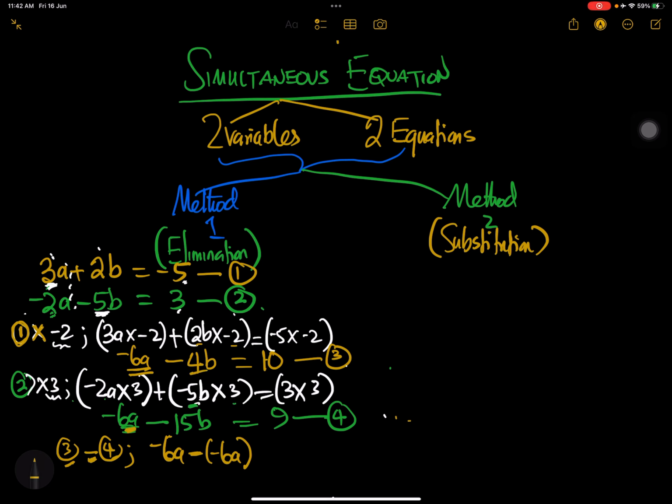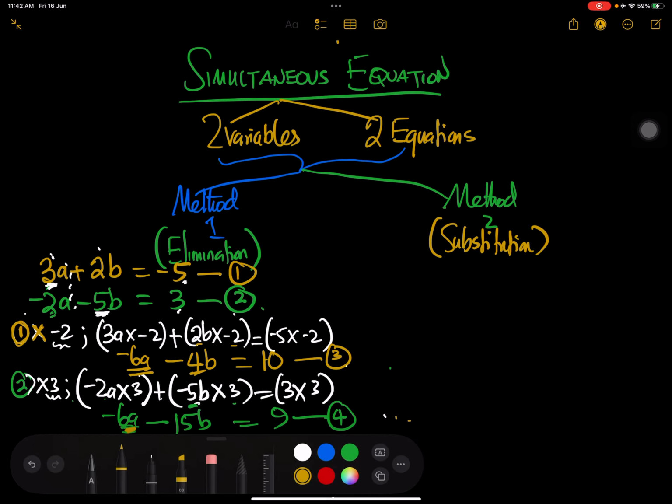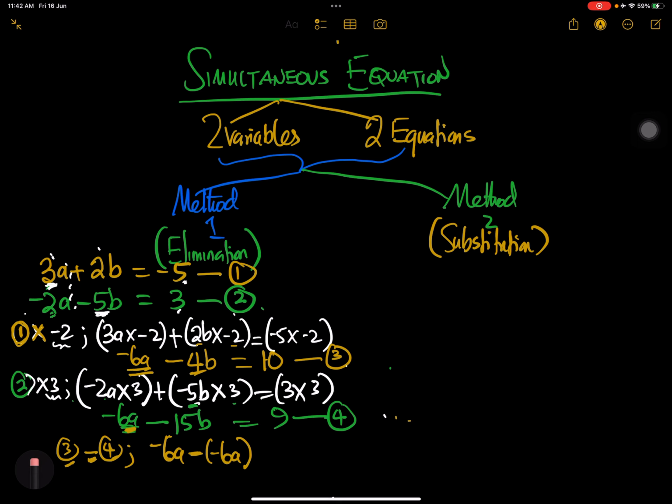The next thing there is negative 4b, and then the sign is minus. Then we put into parentheses the next number, negative 15b, because it's equation 3 minus equation 4.